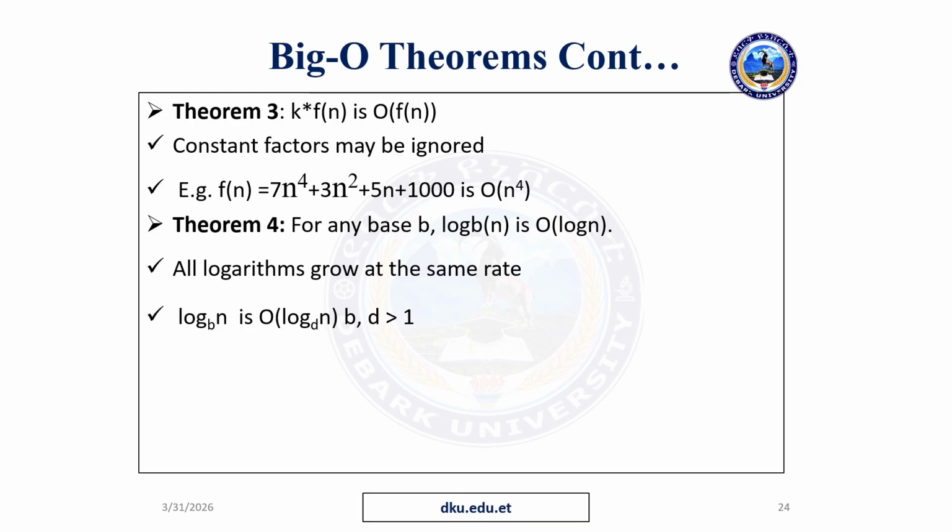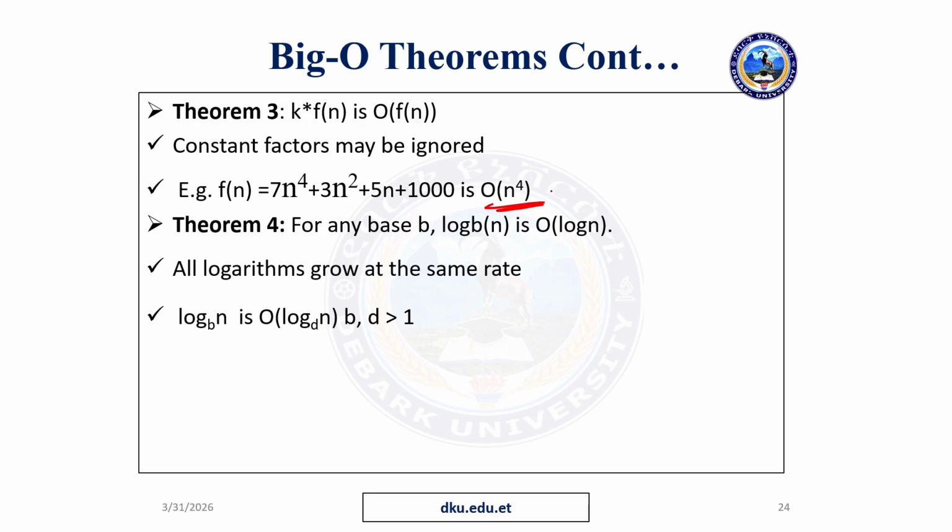Theorem 3: k times f of n is big O of f of n. Constant factors may be ignored. For example, 7n to the power of 4 plus 3n squared plus 5n plus 1000 is big O of n to the power of 4.